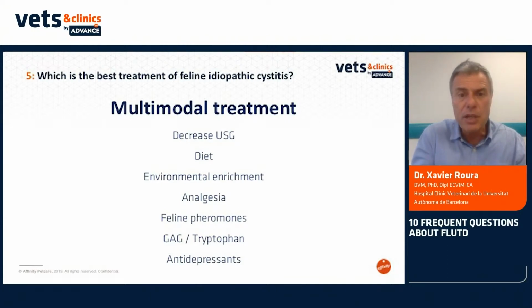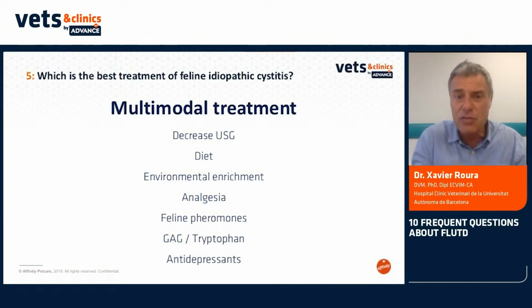The other treatments, analgesia, feline pheromones, the use of some drugs that could decrease the stress in the cats, or the use of glycosaminoglycans, or even antidepressant drugs. All of these other treatments could be associated with these three treatments.